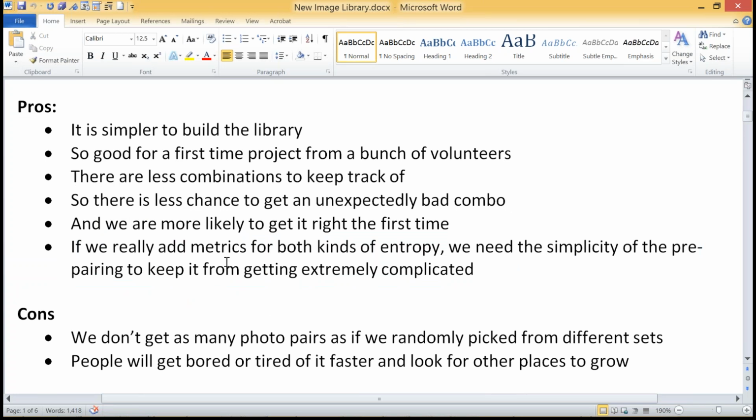I would assign each photo and each photo pair, but especially each photo, certain kinds of metrics, like luminosity we were talking about, and what category it's in, if we have categories like man-made versus natural.